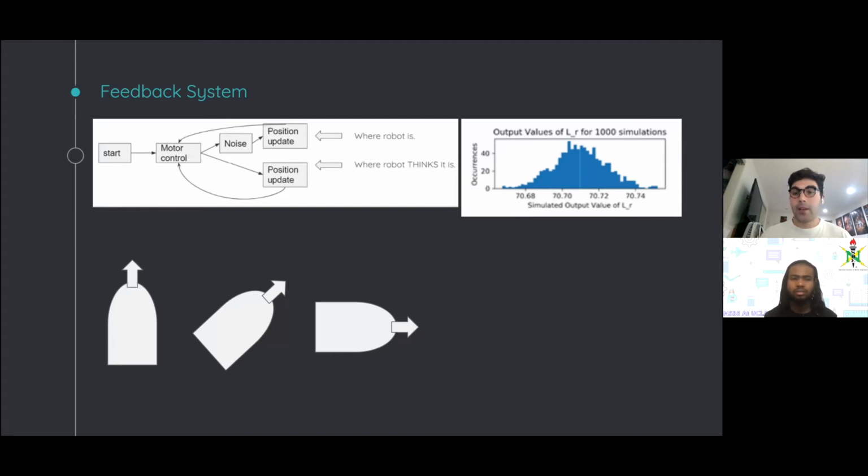Here you can also see a graph of the output values for the right LiDAR, and as you can see, there's plenty of noise involved. Therefore, the state estimator is very much needed. The illustration on the bottom shows that our robot takes sensor readings only when it's facing 90-degree angles, which is very important to mention.